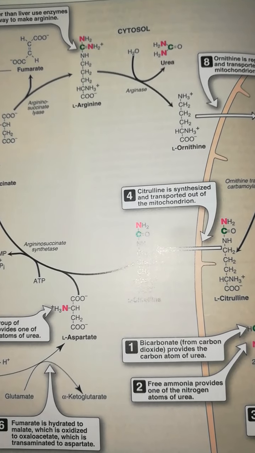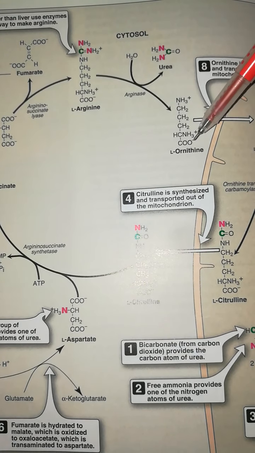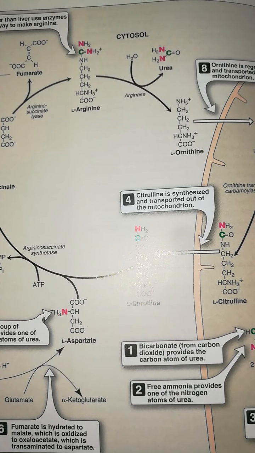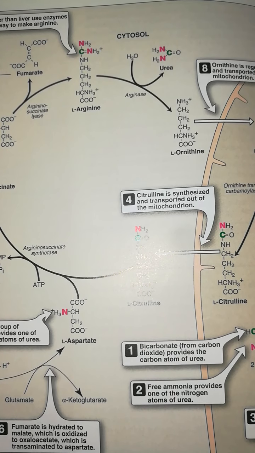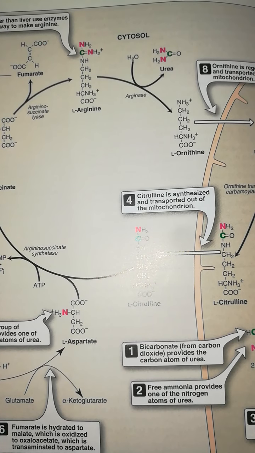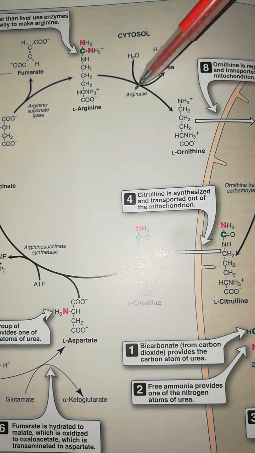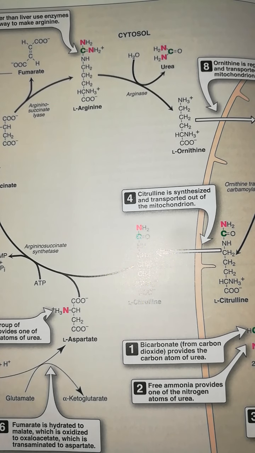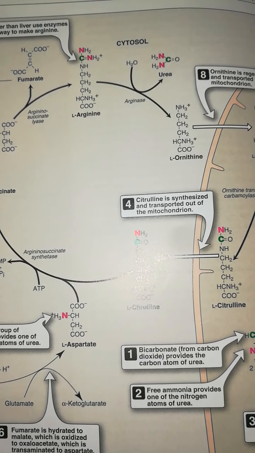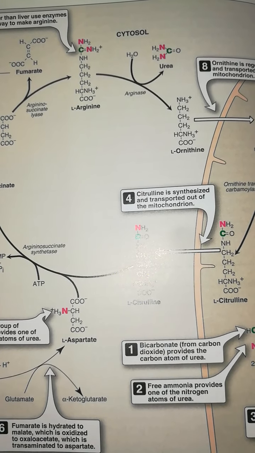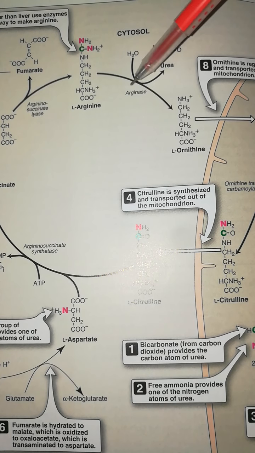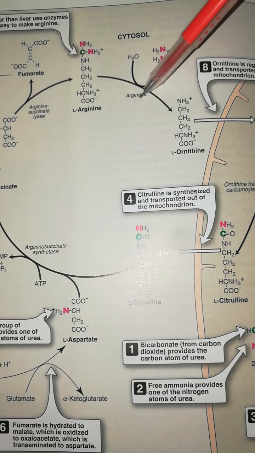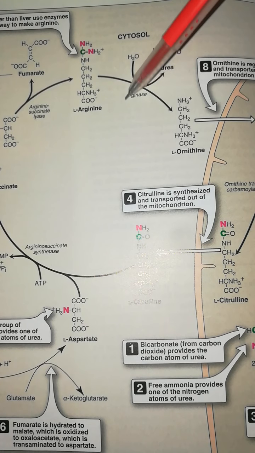Now from the arginine, we can get ornithine by arginase. Actually, this enzyme, arginase, is a hydrolase. If you go through the next page, you will find that arginase is a hydrolase enzyme.